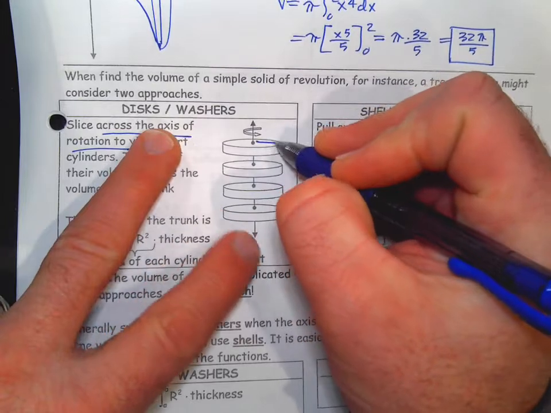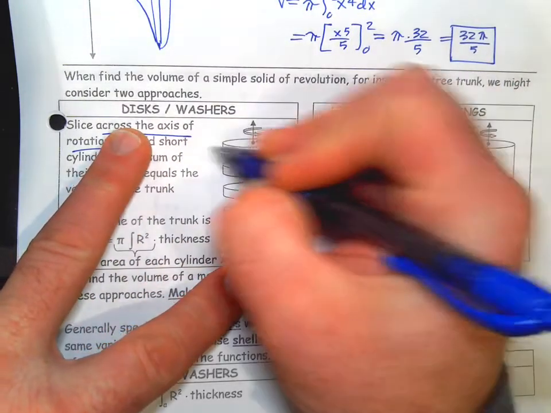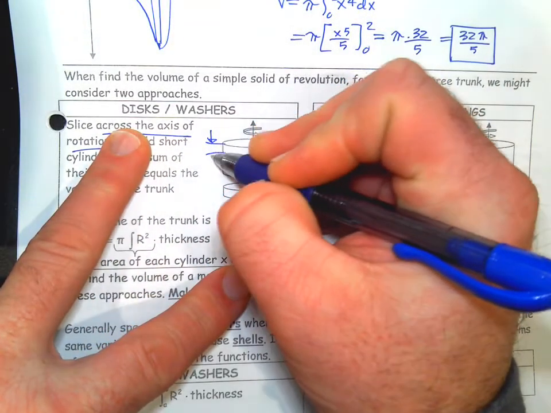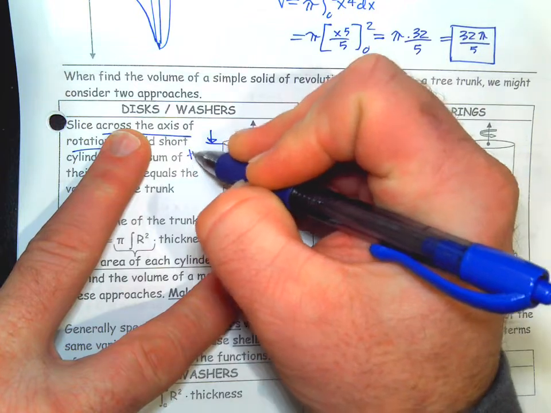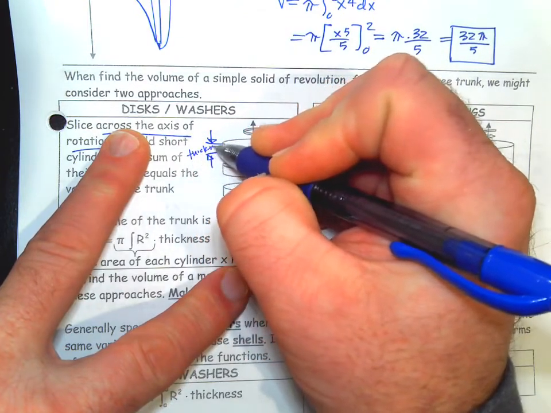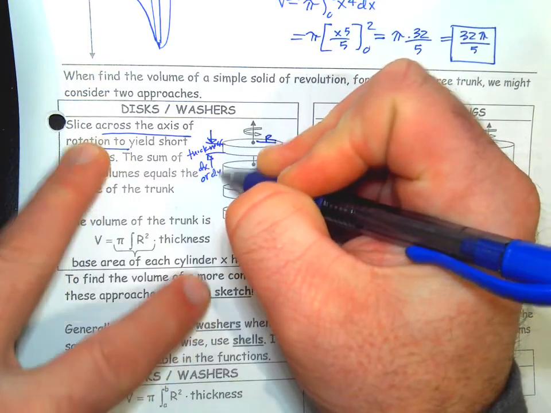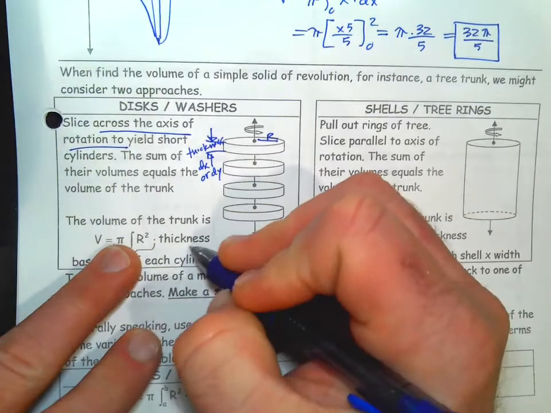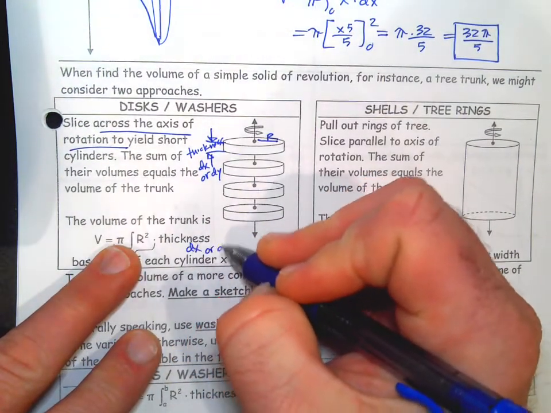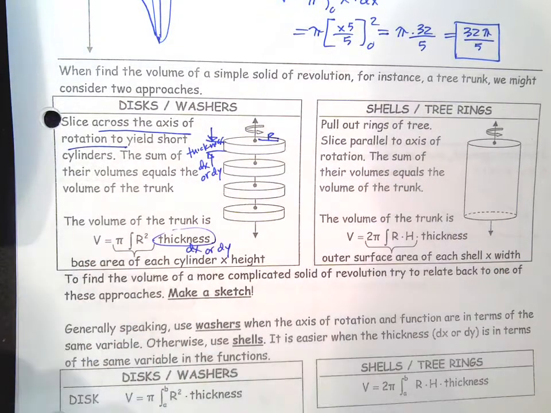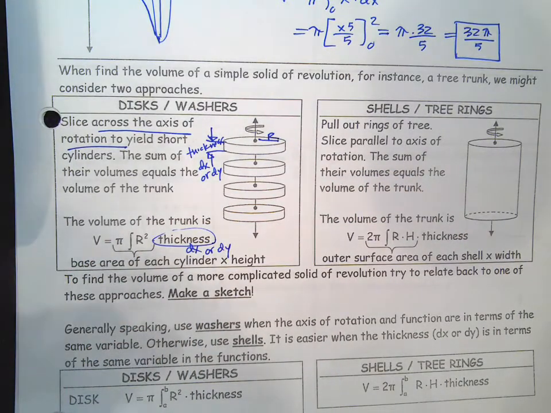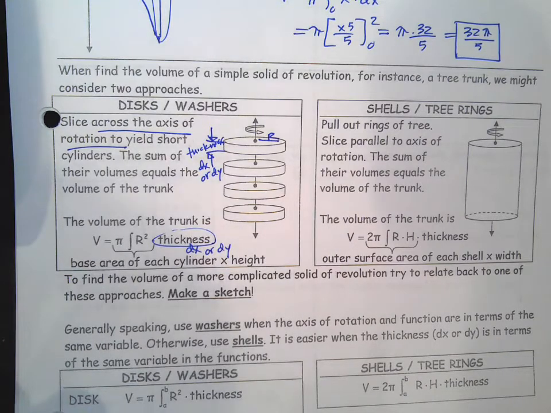They all have a radius and a thickness, and the thickness is going to be dx or dy, depending on the orientation of the slices. The last example we did was dx. So we'll just take that approach, like what we just did.